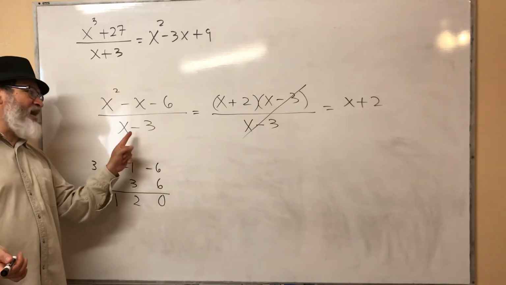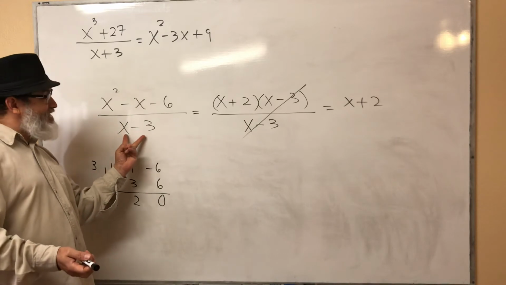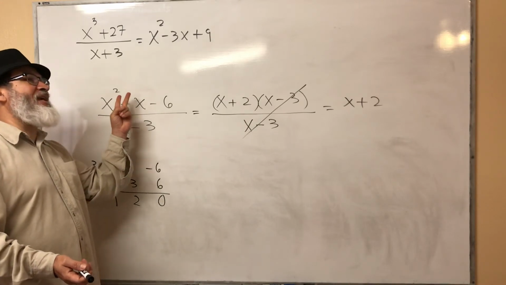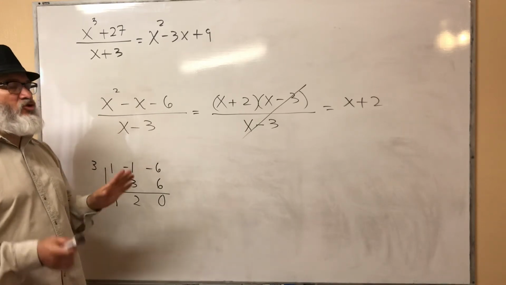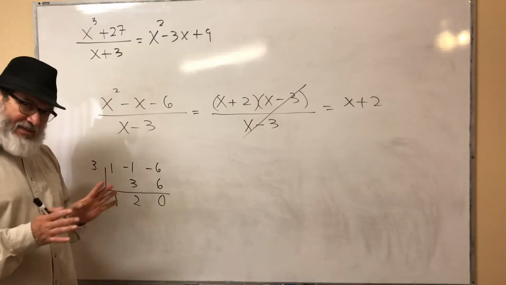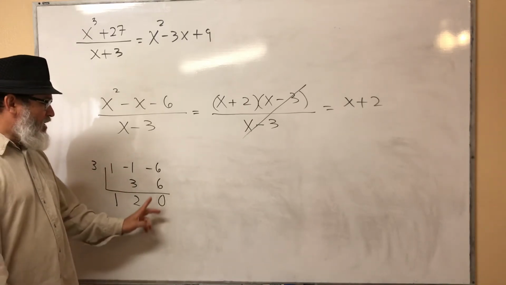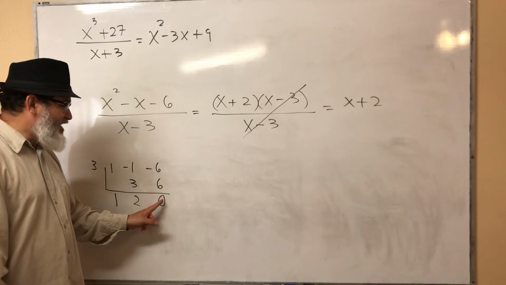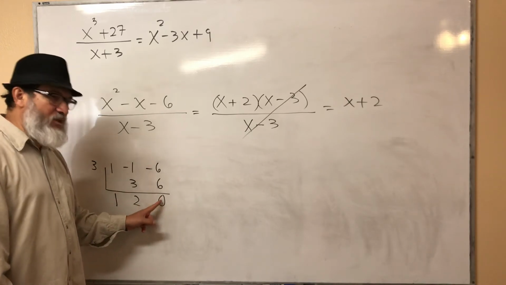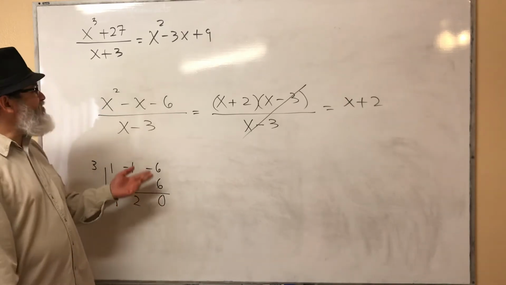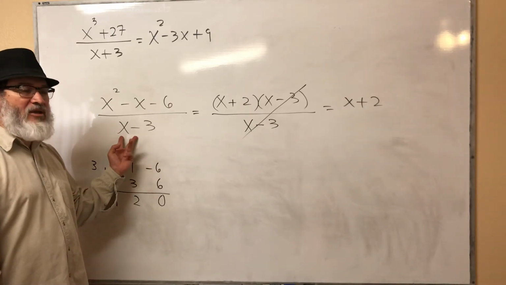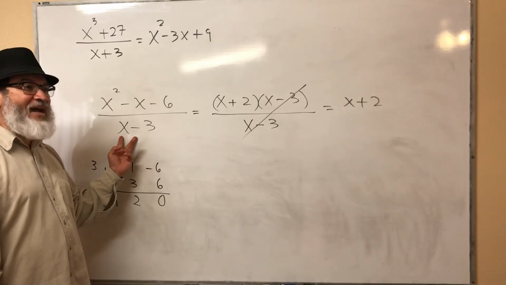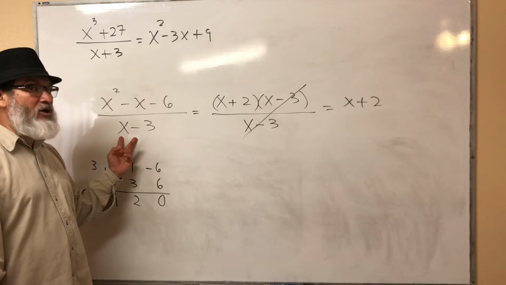Because we found out that this binomial is a factor in the numerator. So once again, guys, here's the point. Whenever the remainder is 0, what does that mean? It means that the denominator is a factor in the numerator.